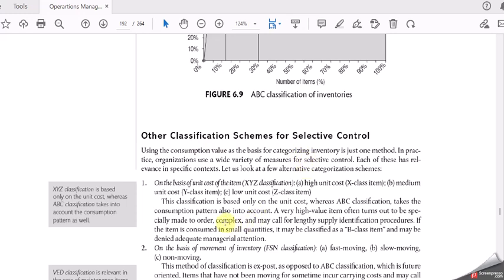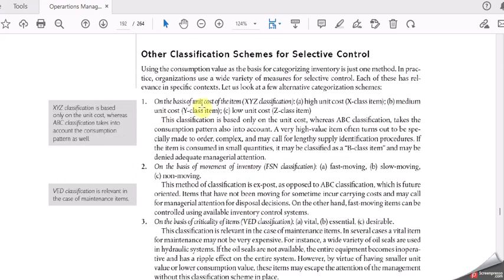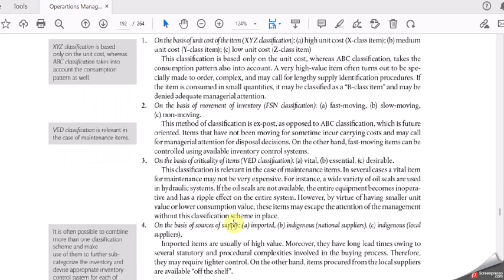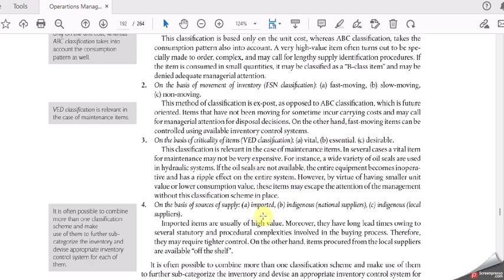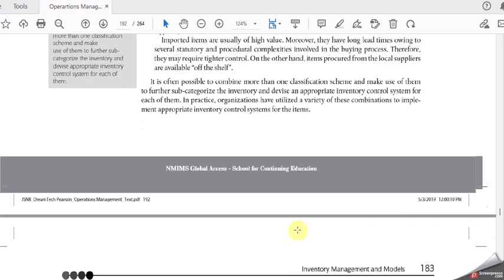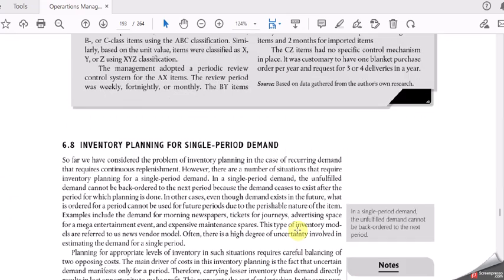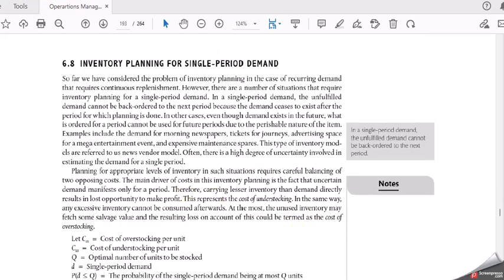Then you also have other selective controls: on the basis of unit cost, XYZ; on the basis of consumption or movement, fast, slow, and non-moving; vital, essential, and desirable for critical items; and imported, indigenous, and indigenous, which is for national suppliers and for local suppliers. So these are the types and controls you can look at for answering your question.